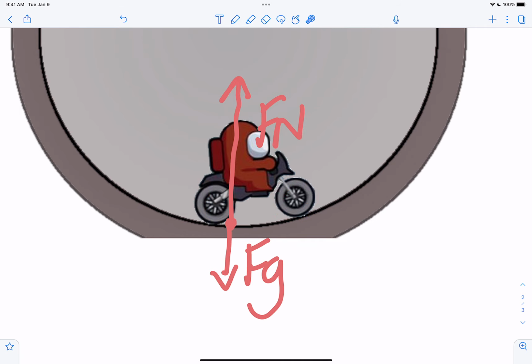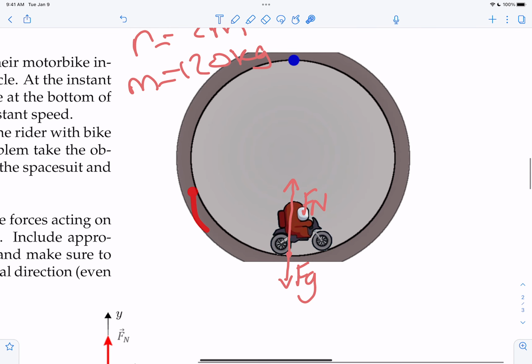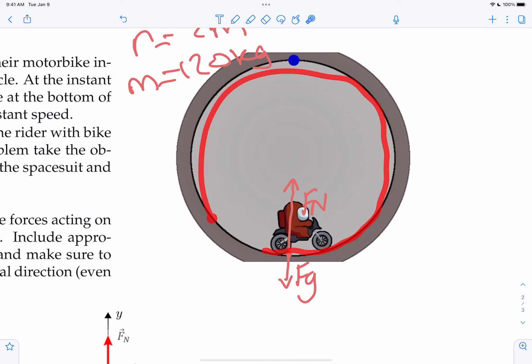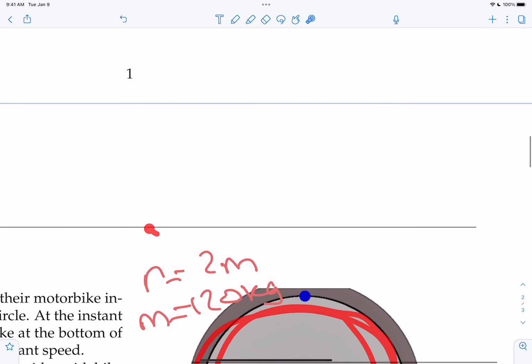The wheels aren't turning. If you were to imagine yourself on this bike moving in the circular path, you're not turning the bike left to right. You're not turning your wheels left to right. You're keeping them steady, straight, but you're moving in this circular path. Now, if you were in a car and you want to make a right turn, you turn the steering wheel to the right, and that turns the wheels to the right.